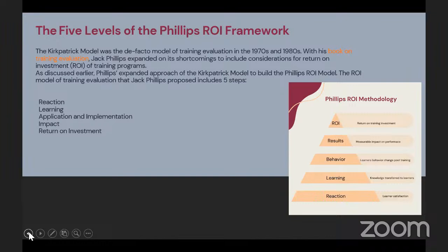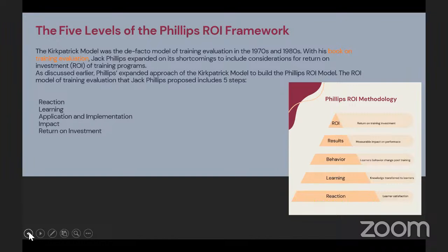And finally, the results. What is the outcome of the training once the employees have started implementing whatever you have trained? If they have implemented your corrective training, what is the outcome of that?